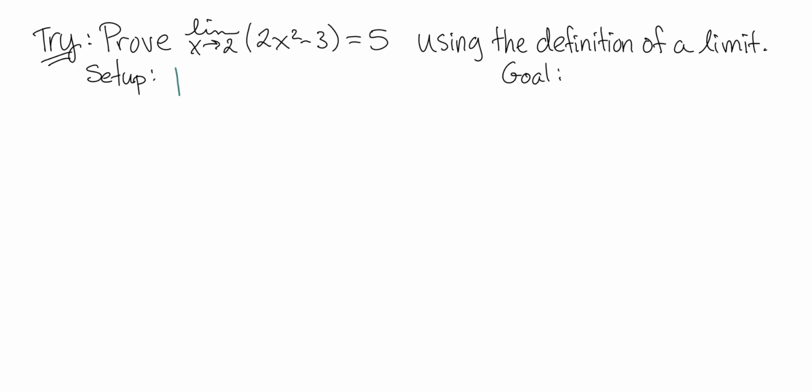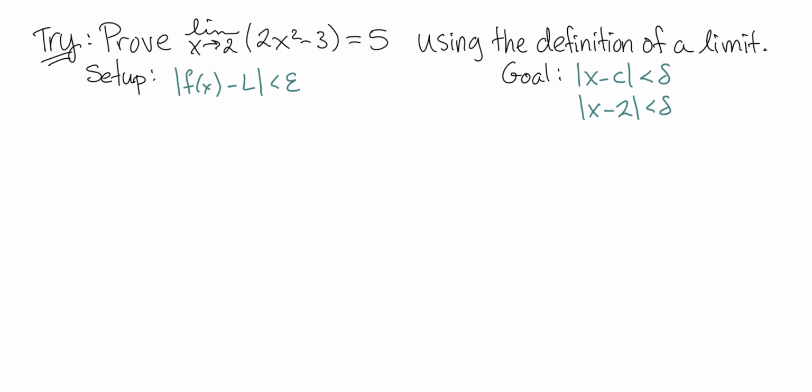Our setup for this problem in the y direction is the absolute value of f of x minus L is less than epsilon. Our goal is the absolute value of x minus c is less than delta. We want to make the left inequality look like the right inequality. This inequality on the right will become absolute value of x minus 2 is less than delta.